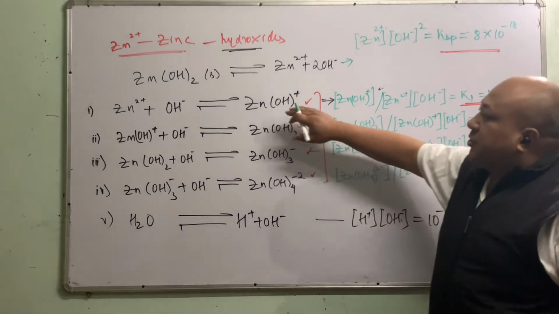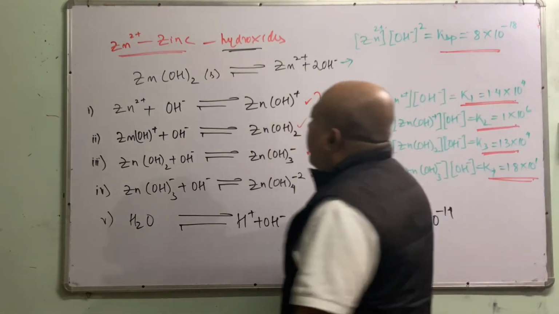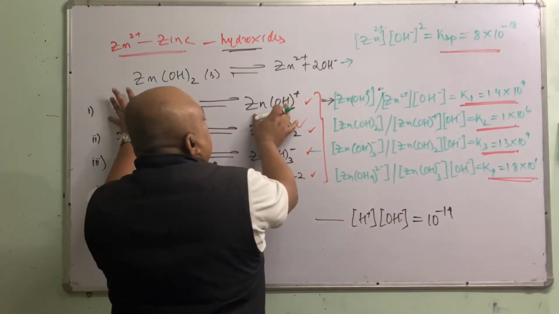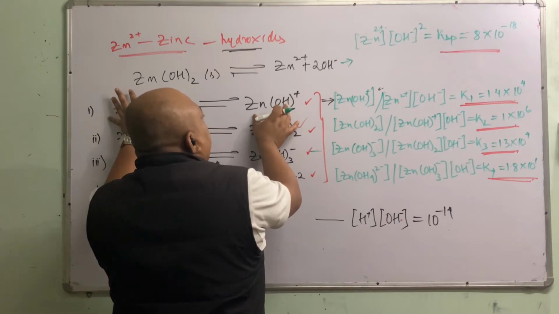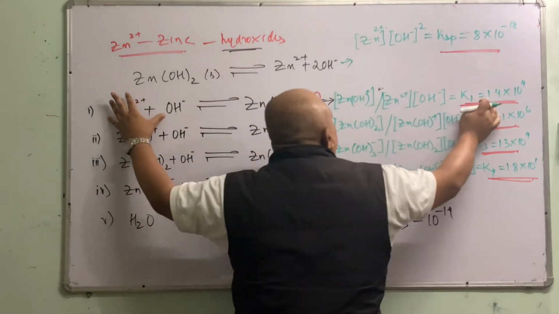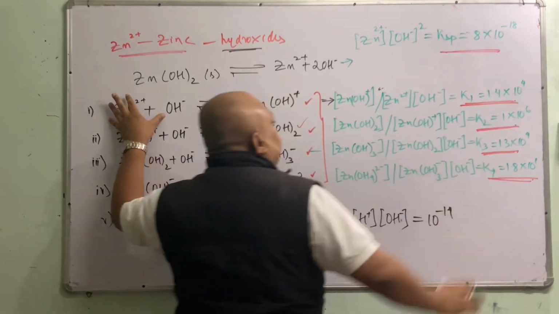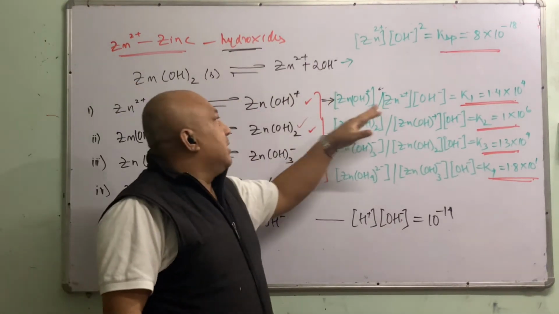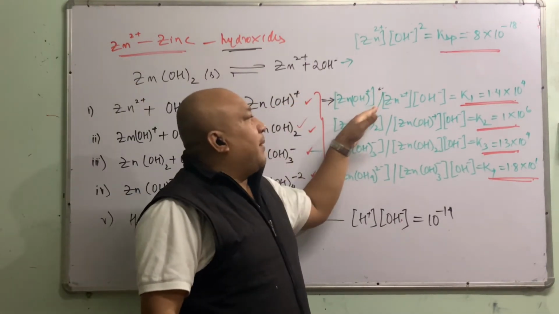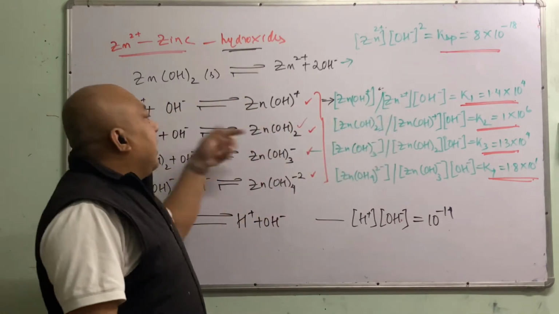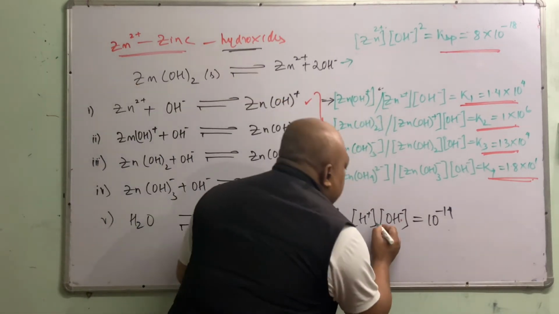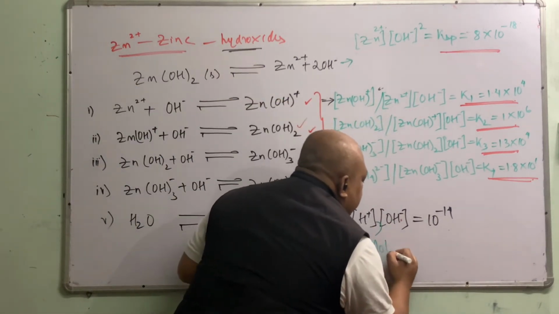Similarly, for the formation of this complex, the constant is 1.4 into 10 to the power 4. So the product is ZnOH2 divided by Zn into OH. And this bracket symbolizes, as I told you already, molar concentration.